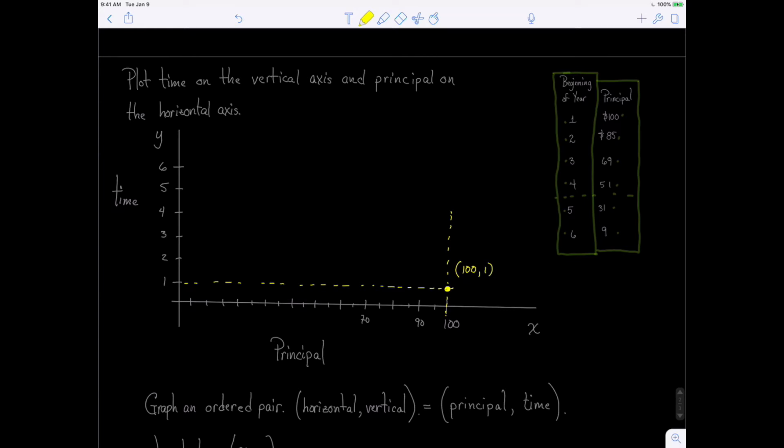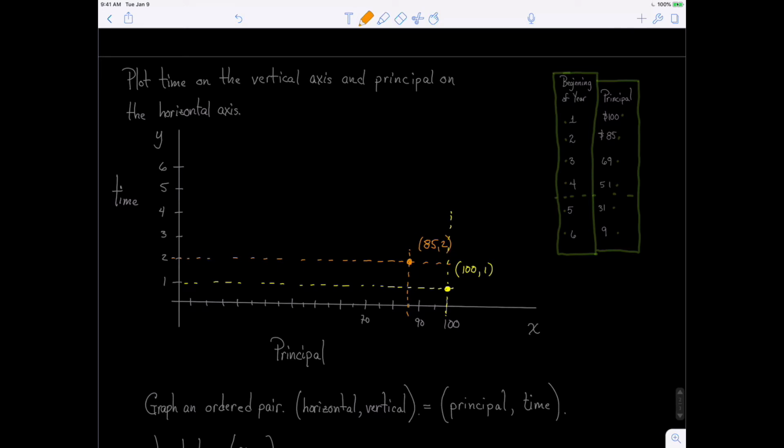Let's do another one, in orange. Our next one says time is 2, so I'll have a horizontal line that comes out of 2. If you have real graph paper, you don't have to make all these dashes, but it's easier for me to keep track when I'm drawing on a non-graphed screen. My principal is 85, so right there, that's the ordered pair of 85, 2.